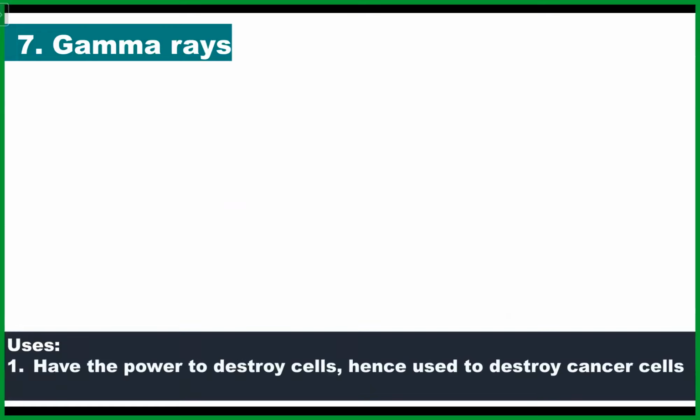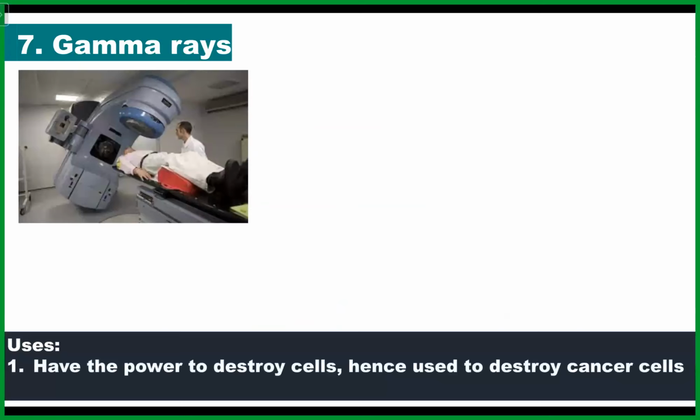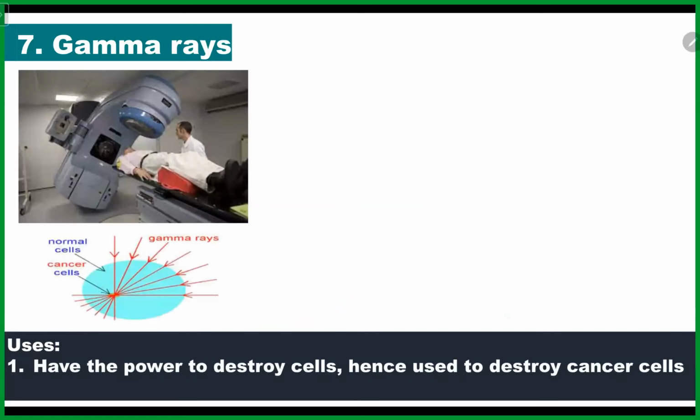They are extremely high energy waves that could penetrate through our body, and sometimes they cause damage to our body cells. However, the fact that these gamma rays can destroy our body cells is made use of in cancer treatment. Let's imagine that there's a person having a certain tumor with cancerous cells, and a doctor wants to destroy these cancer cells.